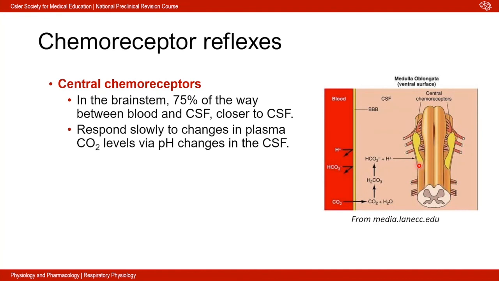So they respond quite slowly to changes in pH, and they respond specifically to changes in the CO2 in the plasma. This occurs via changes in the pH. So we use these reversible equations again. The CO2 diffuses across because it's a soluble gas, makes carbonic acid, which makes bicarbonate and protons. And this is what the central chemoreceptors detect eventually, but it stems from this CO2 in the blood.